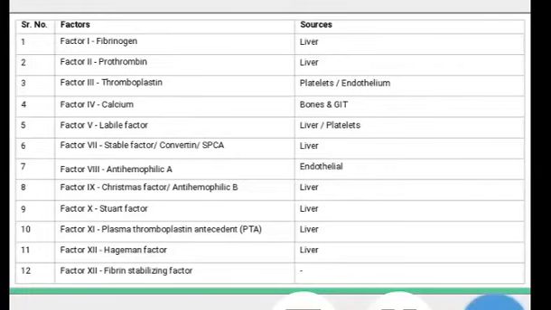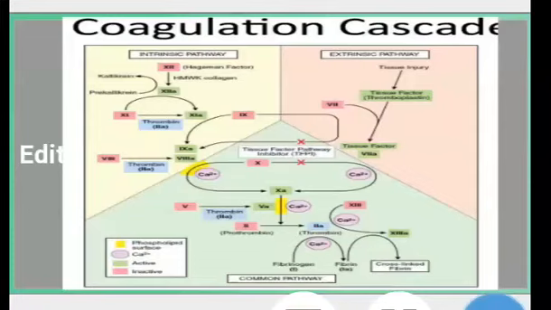Then, formation of a clot, how it works or how a clot is formed. Then the intrinsic and extrinsic pathways, these two pathways, how they act. The intrinsic pathway begins with any factor which causes damage or trauma to the blood cells directly, or causes blood cell exposure to collagen.